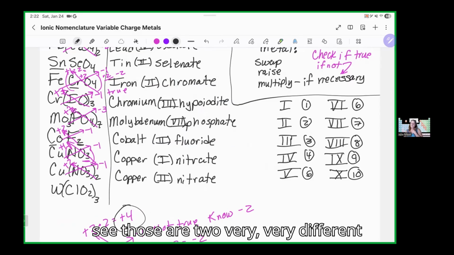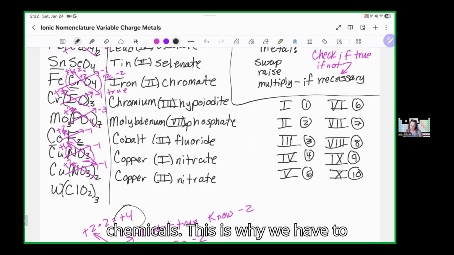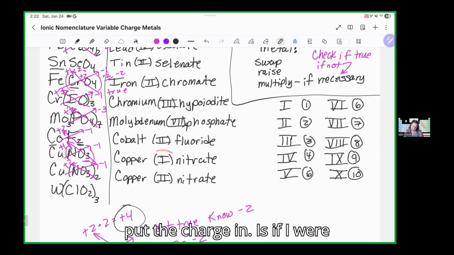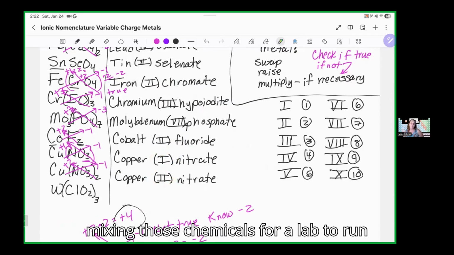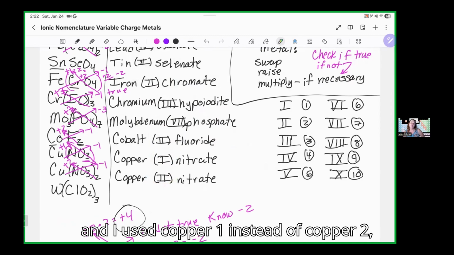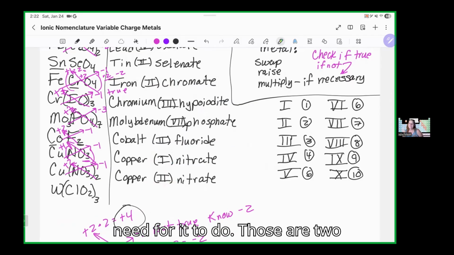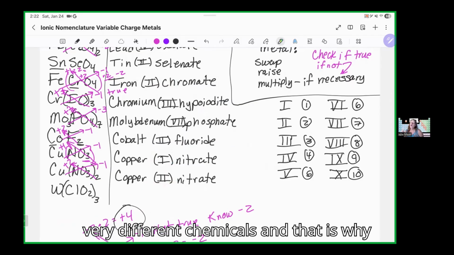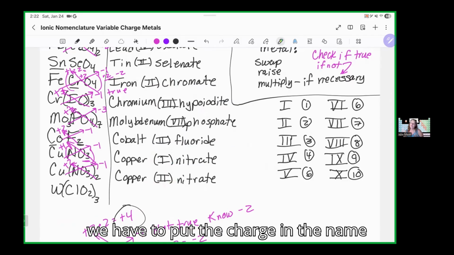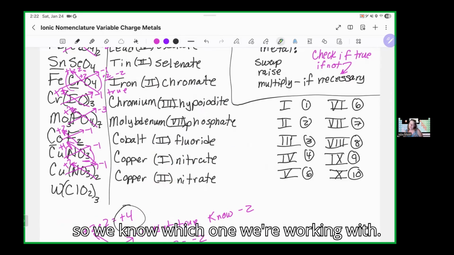So see, those are 2 very, very different chemicals. This is why we have to put the charge in. If I were mixing those chemicals for a lab to run and I used copper 1 instead of copper 2, it would not do the reaction that you need for it to do. So those are 2 very different chemicals, and that is why we have to put the charge in the name, so we know which one we're working with.